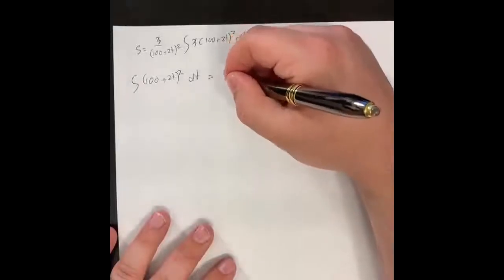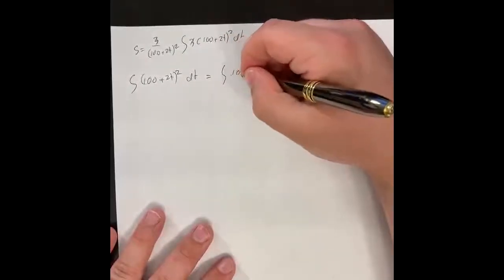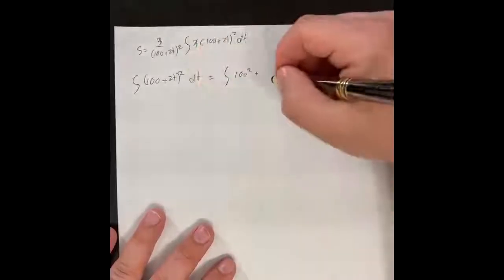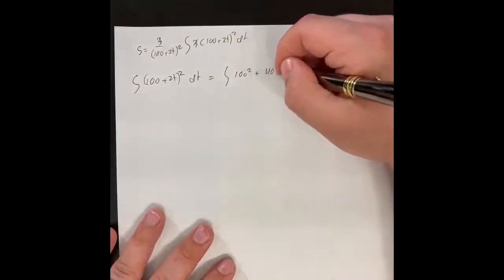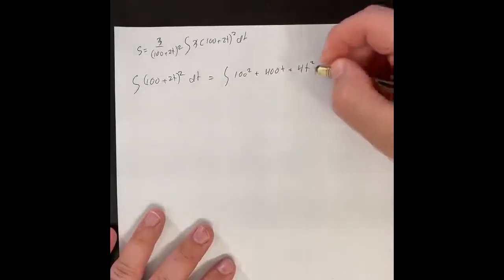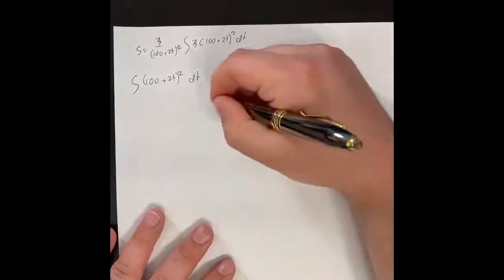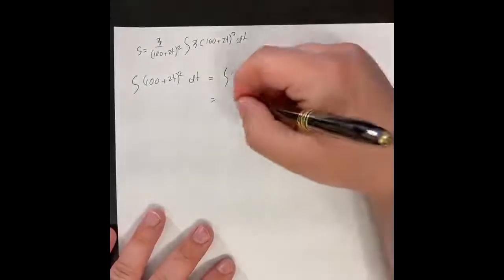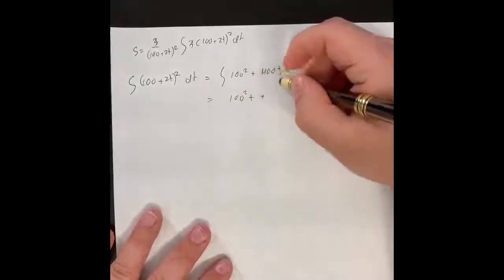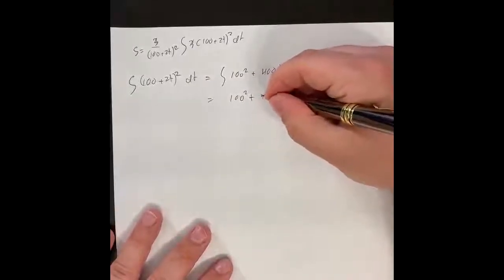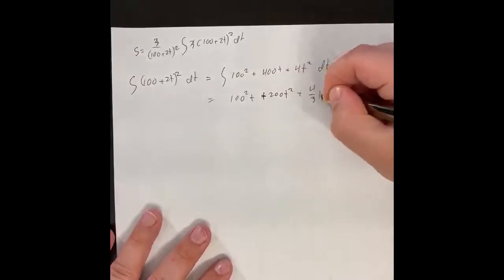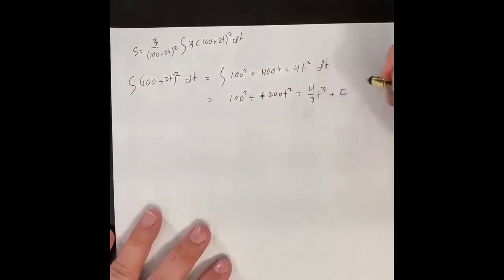This is the antiderivative of 100 squared plus 2 times 100, so 400t, plus 4t squared dt. Doing the antiderivative, we have 100 squared t plus 200t squared plus 4/3 t cubed plus a constant.